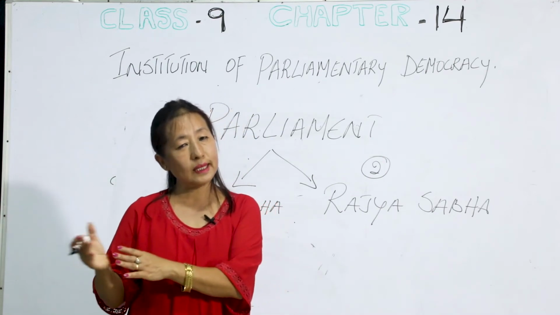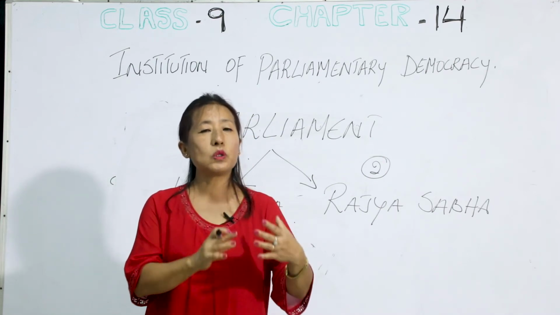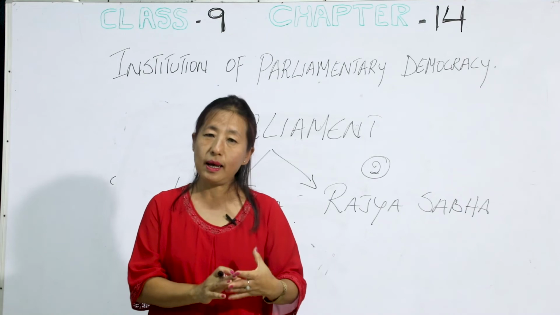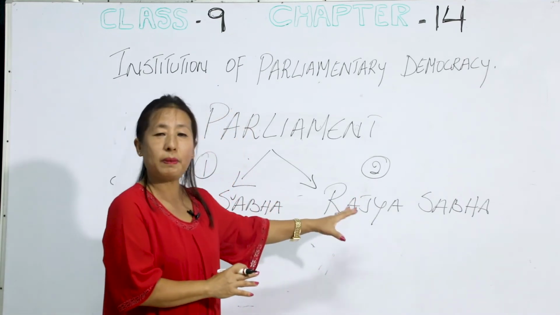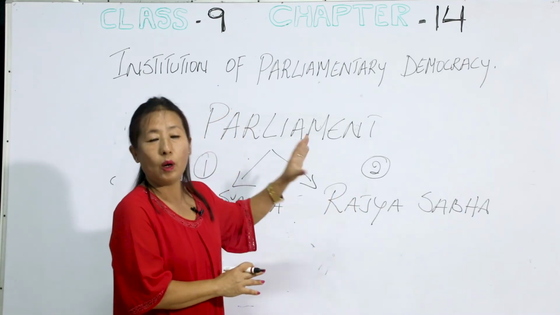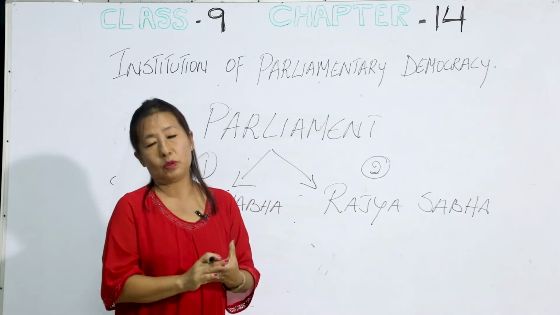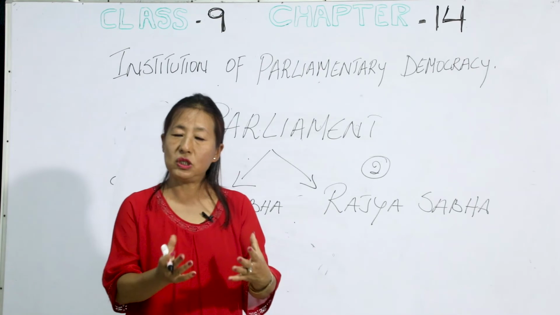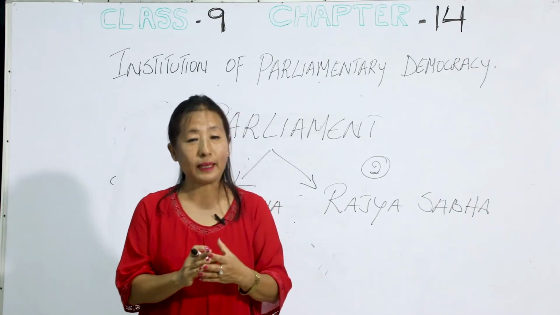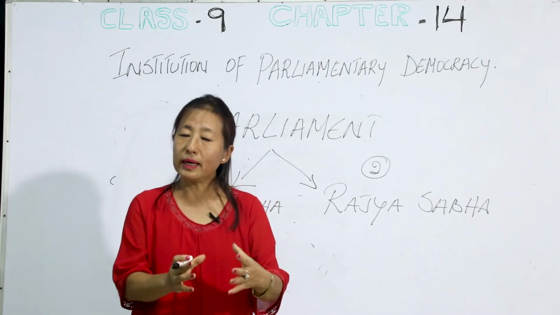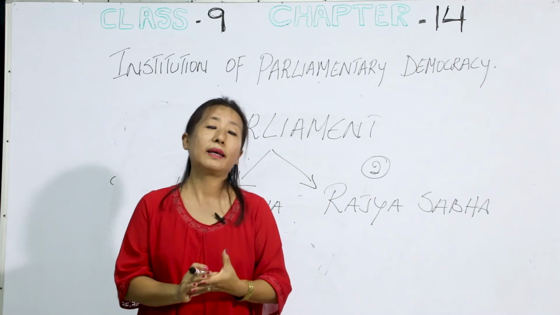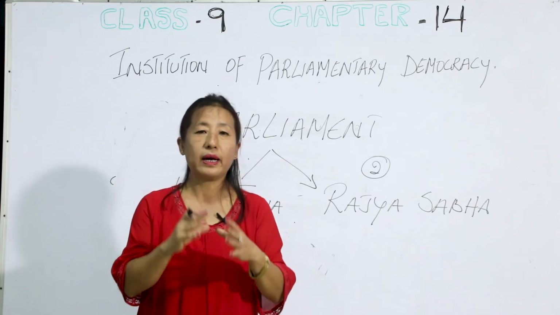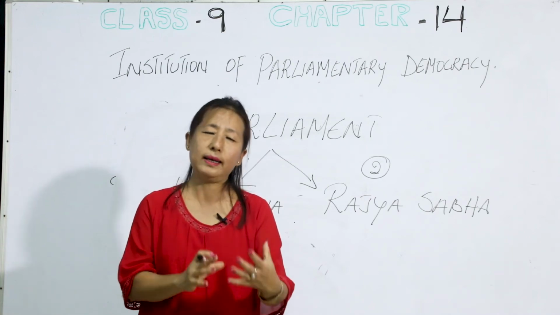We will discuss the passing of law in the next session. When laws are made, they have to be passed by both the houses. But when we come to money matters, like the budget, which has to do with money, only the Lok Sabha can pass a law regarding any type of money.